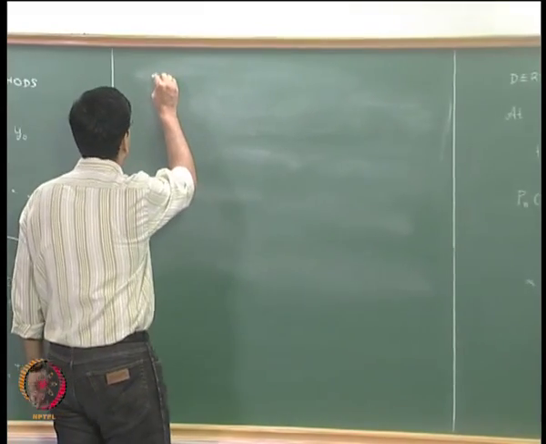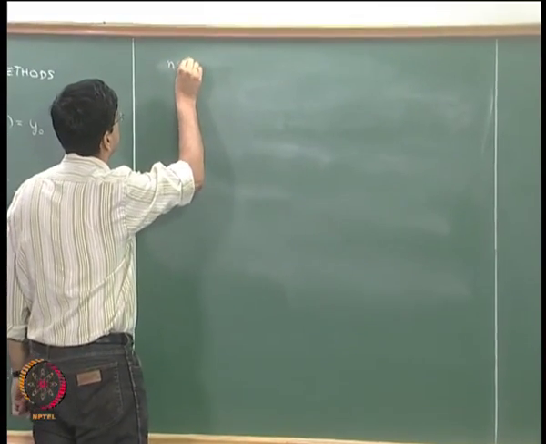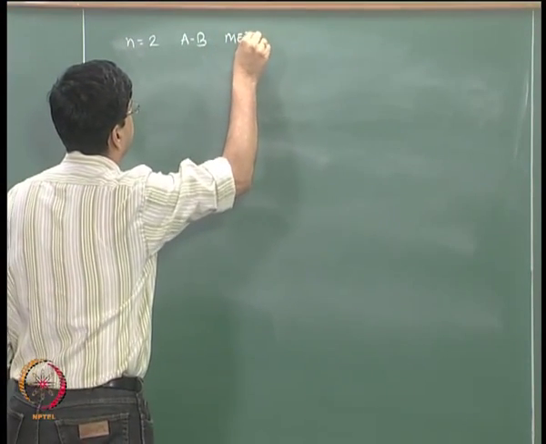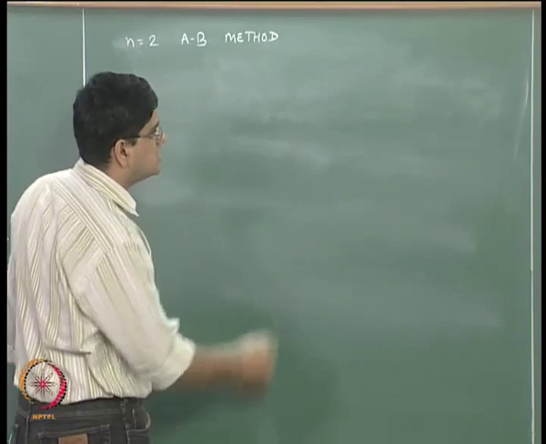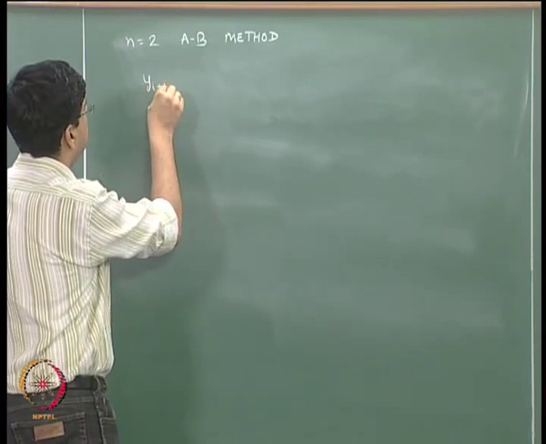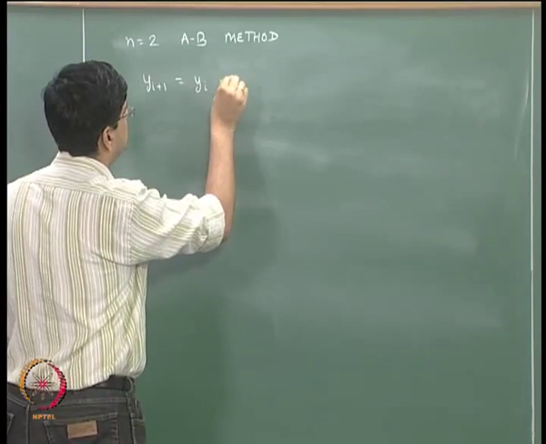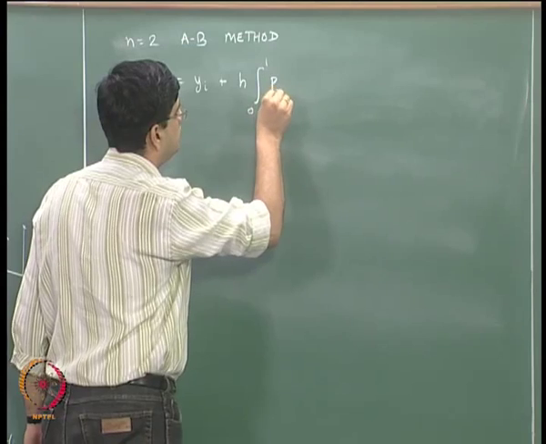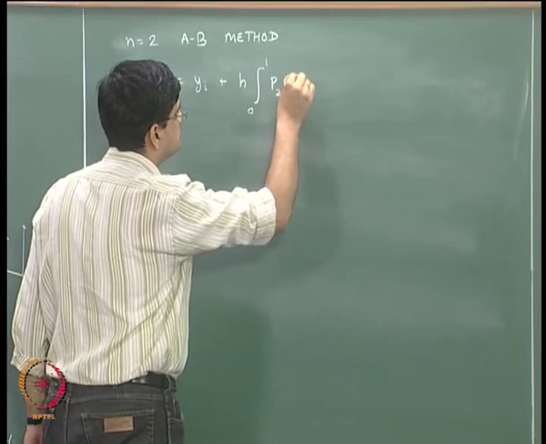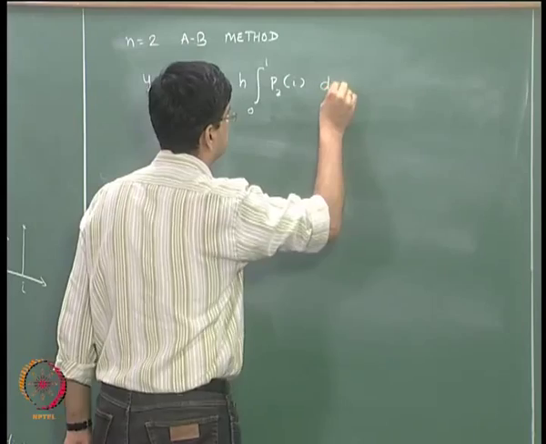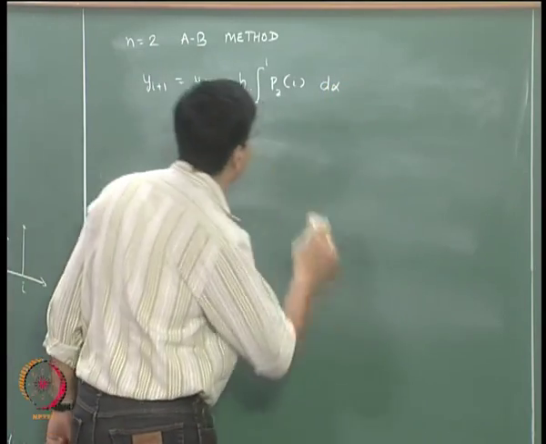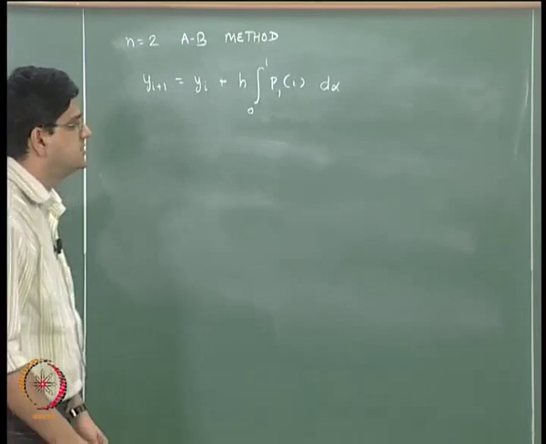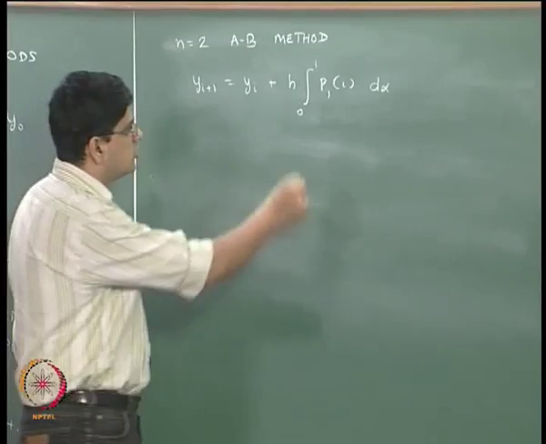So, for the second order Bashforth method, the derivation is going to be yi plus 1 equal to yi plus h times the integral from 0 to 1 of, actually it should be P1I d alpha, based on the notations that we have been using consistently since module 6, okay.